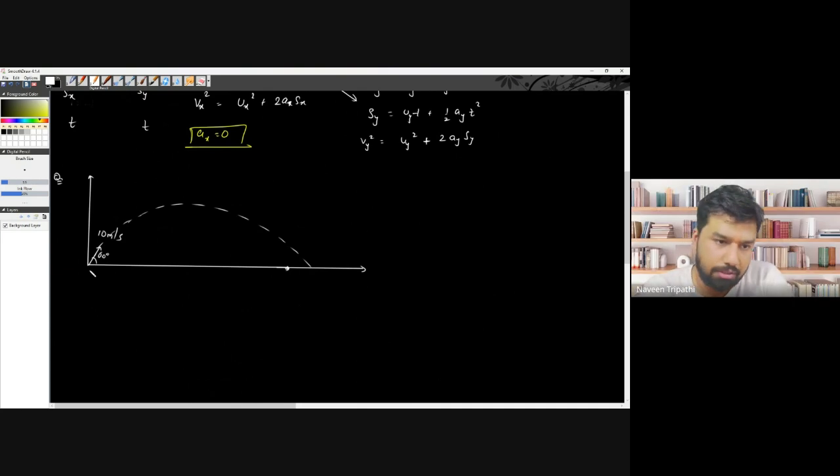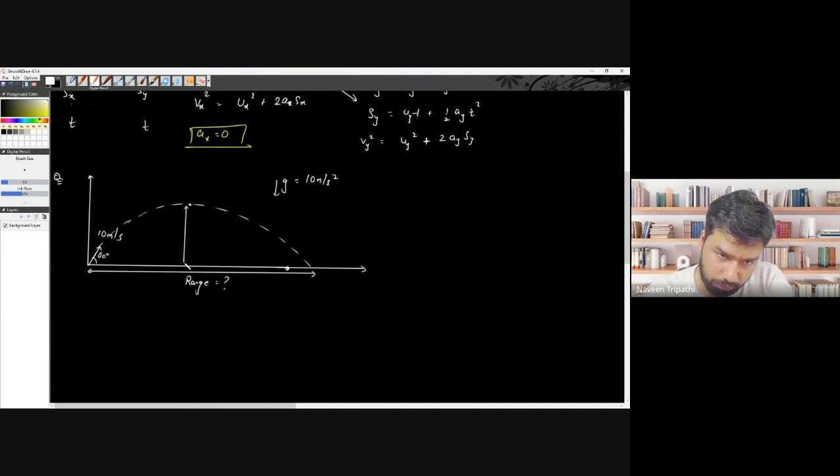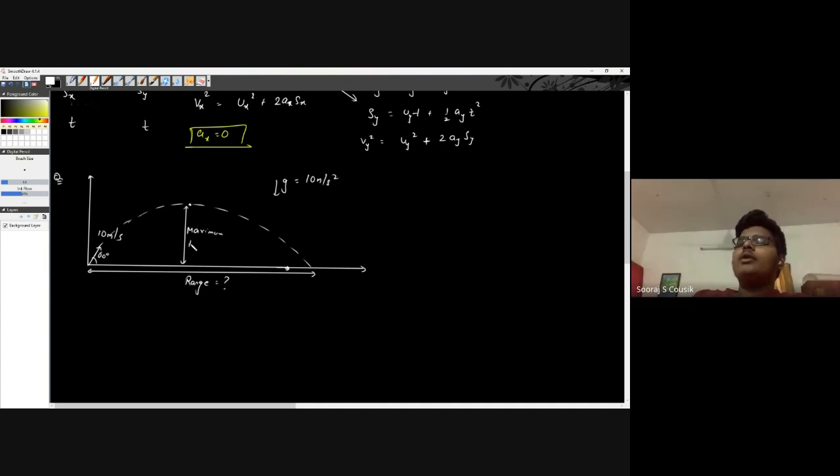Assuming the g value, for simplicity of calculation, I'll not take 9.8, I'll take 10. We have to find the distance that it travels, the horizontal distance, which is called the range. Second, we have to find the maximum height that it has. Can you try or should I try?